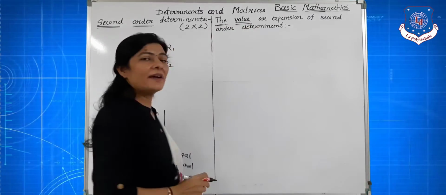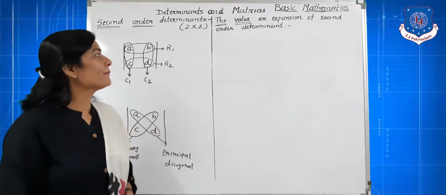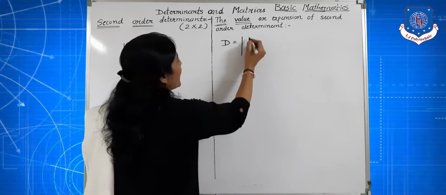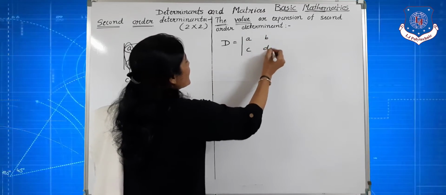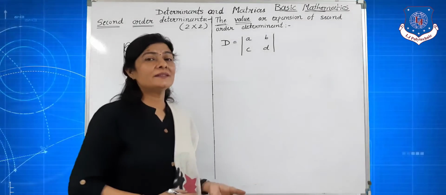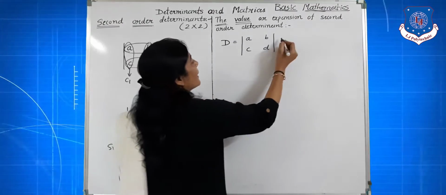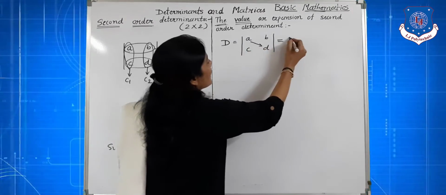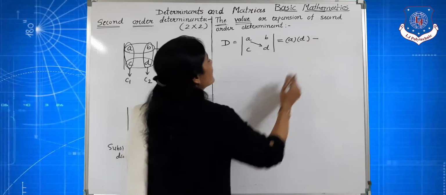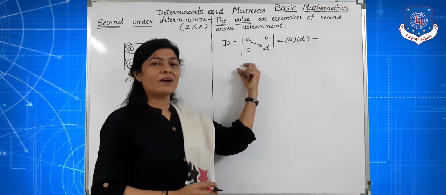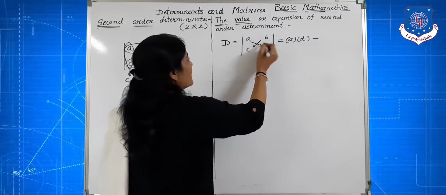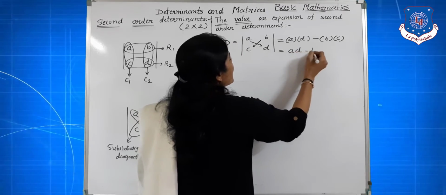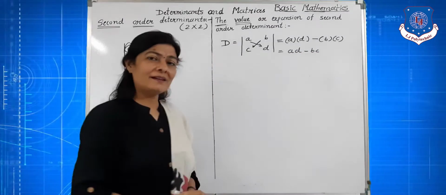Let's see how to find the value of a second order determinant. Determinant D equal to A, B, C, D. Now the value of this determinant is product of elements on principal diagonal A into D minus product of elements on subsidiary diagonal B into C equal to AD minus BC. Clear?